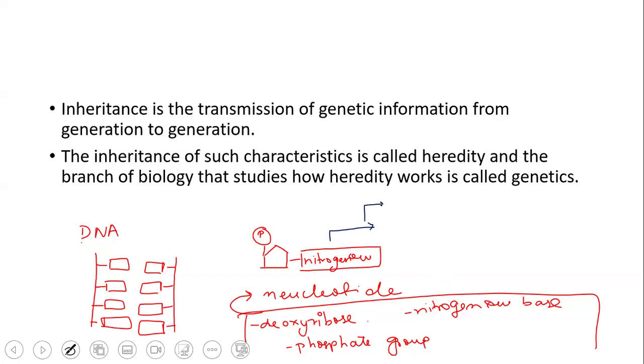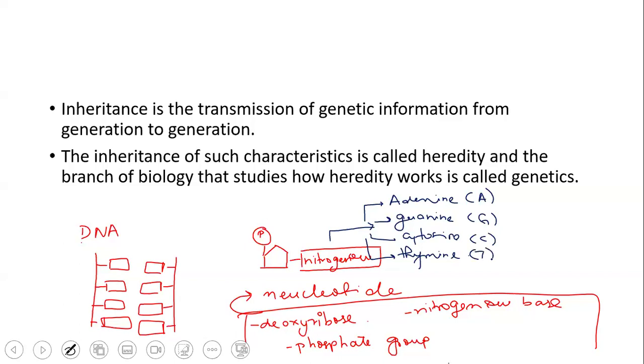We can have adenine, guanine, cytosine, and thymine. So there are 4 possible nitrogenous bases, and this nitrogenous base can be any of these 4.